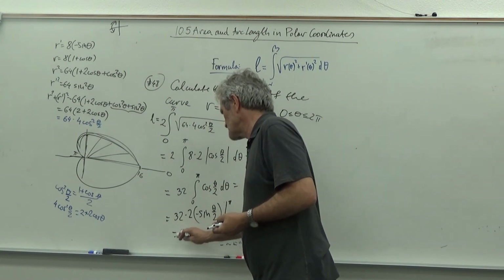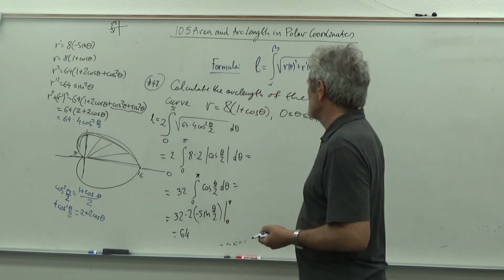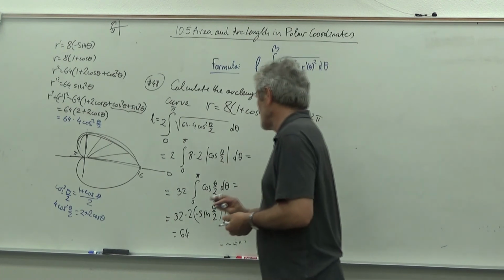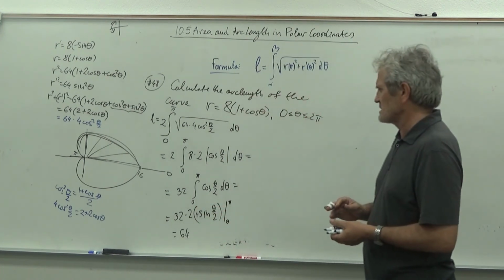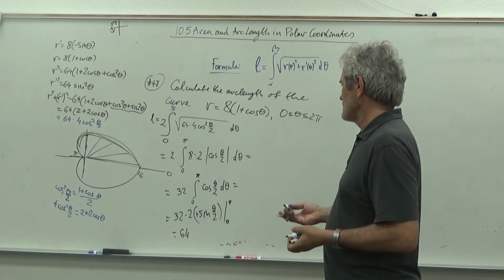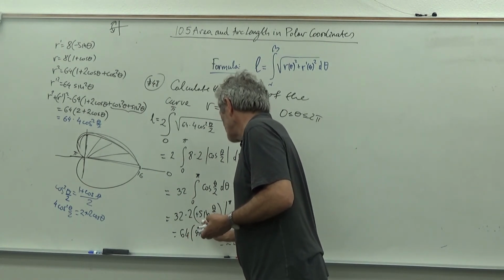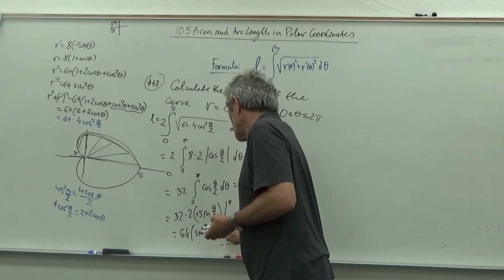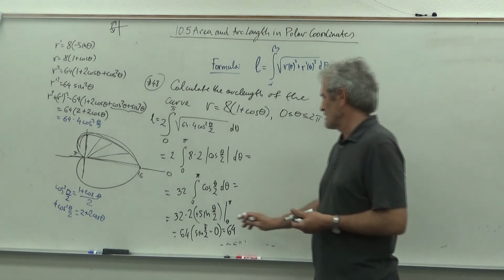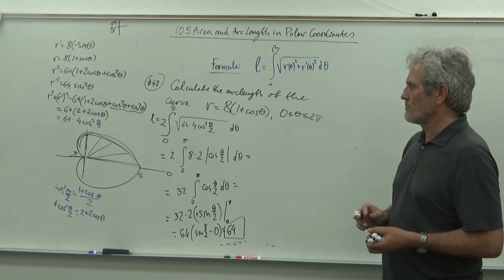So this would give me 64 sine theta half. Sorry, I realized something's wrong here, I flipped the sign: the integral of cosine theta is plus sine theta. And what would that be? Sine pi over 2 is 1, sine 0 is 0. That's our final answer: this area equals 64.